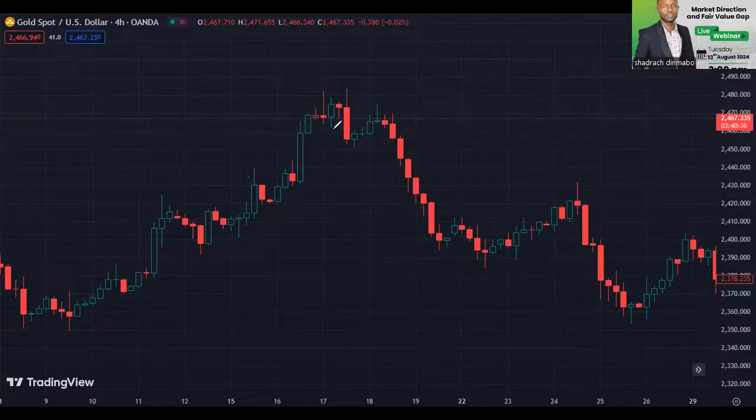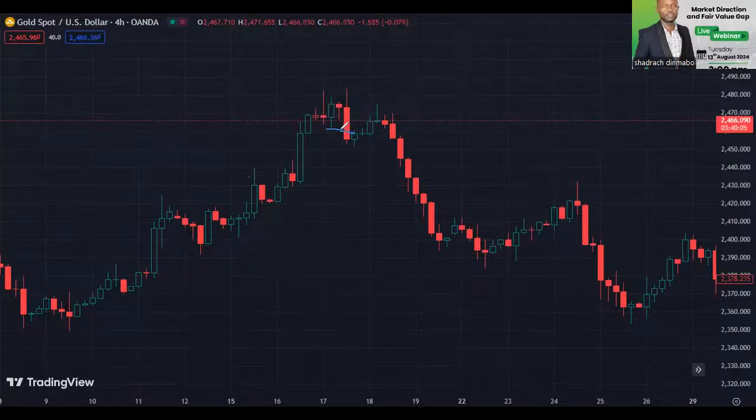Now, you remember the three candles lying side by side? So which one is supposed to create the fair value gap? If you watch this critically, this is the one we are going to pick.